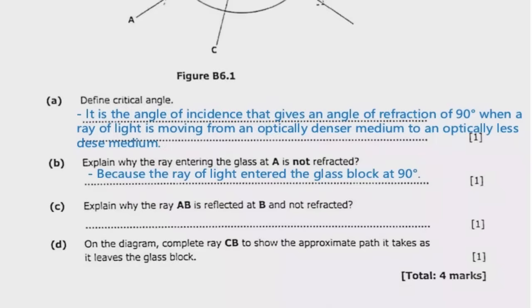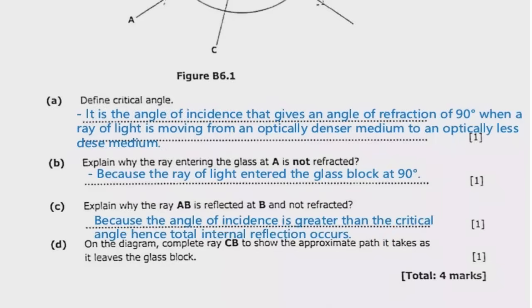Now let's go to question C, which is: explain why the ray AB is reflected at B and not refracted. The answer is because the angle of incidence is greater than the critical angle, hence total internal reflection occurs.